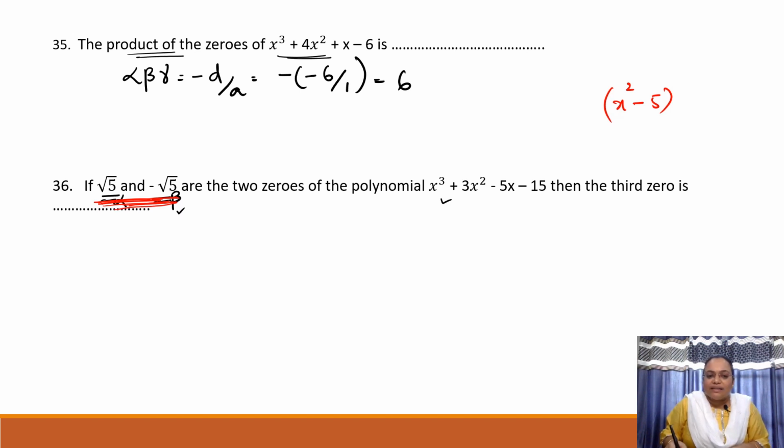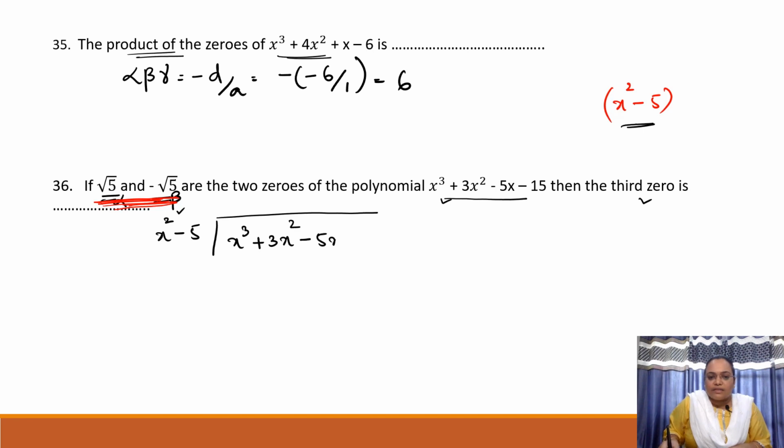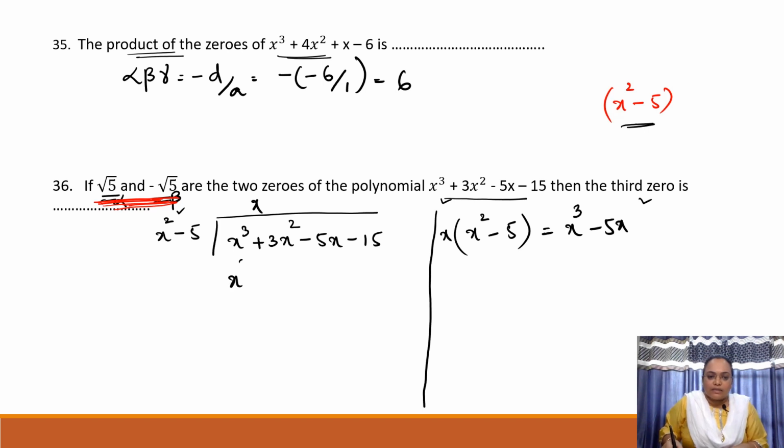Now let us divide this and this polynomial and find out the third zero. That will be x square minus 5 and x cube plus 3x square minus 5x minus 15. That will be x square minus 5, right? If you just multiply it with x, that will be x cube minus 5x.